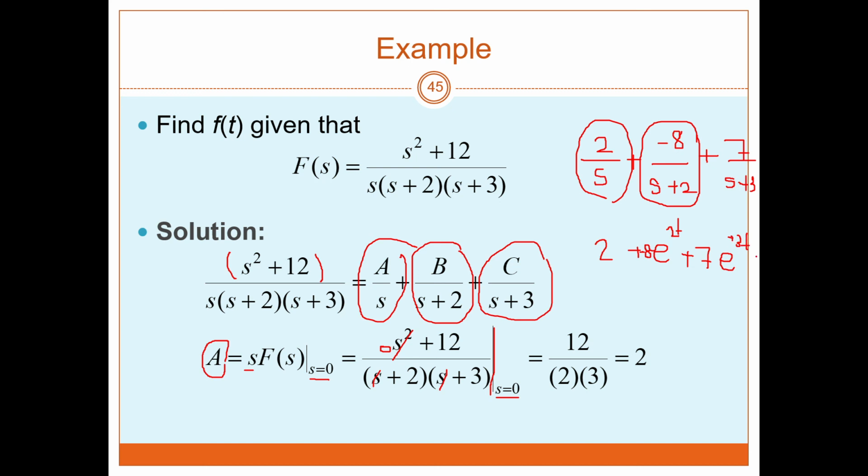So you can find the inverse Laplace transform. Alright, okay, so I will just stop at this example.